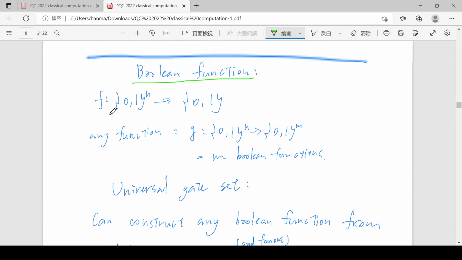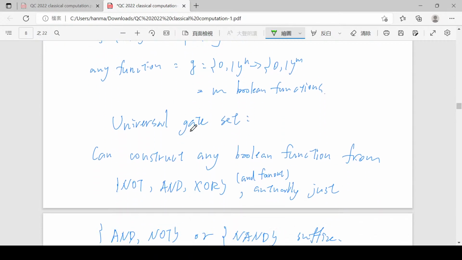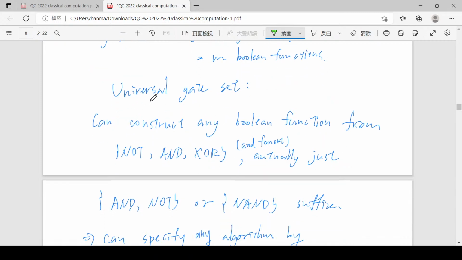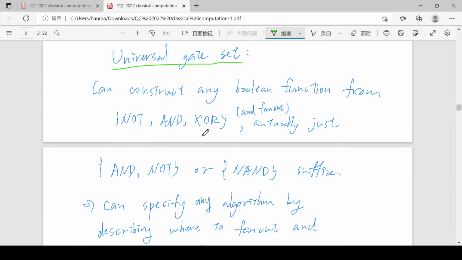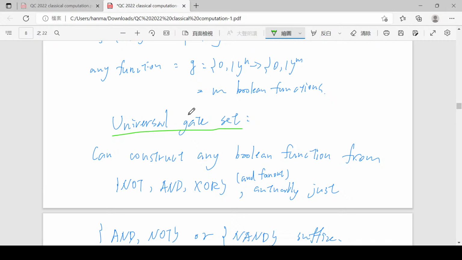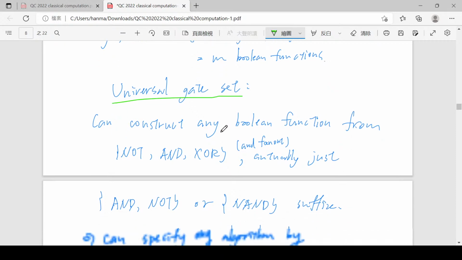Okay, so that's Boolean function, and then there is this quite important concept of universal gate set. That is, we don't actually need to use too many gates to compute any function.